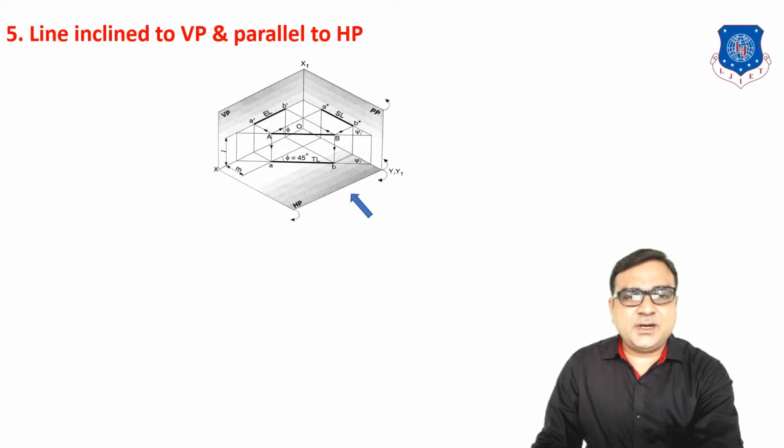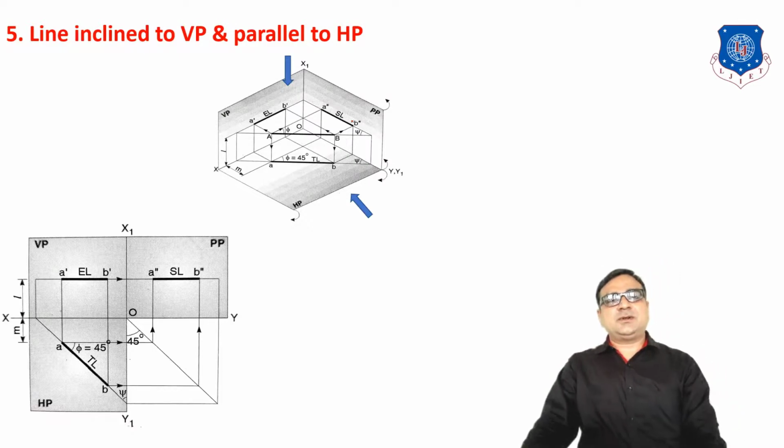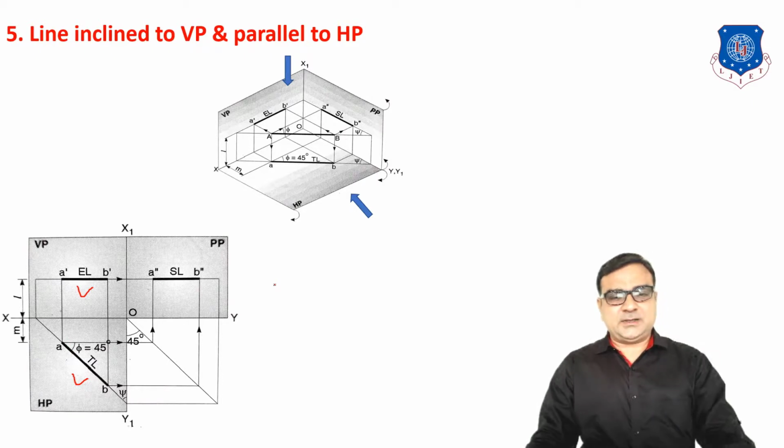The front view of the line, A dash B dash on VP, will be less than true length, and the top view of the line on the horizontal plane is true length because the line is parallel to HP. The side view on the profile plane is also less than true length. So here the front view is A dash B dash and the top view is AB. The top view is inclined 45 degrees with VP, and then the side view line.